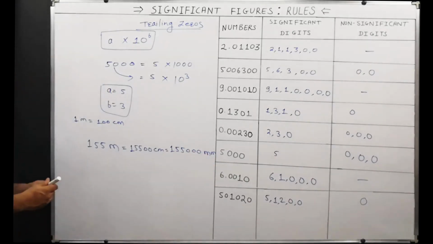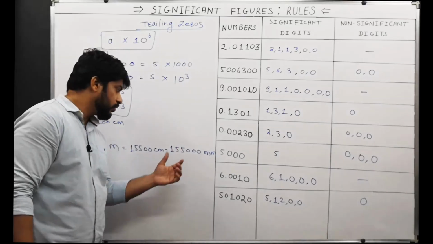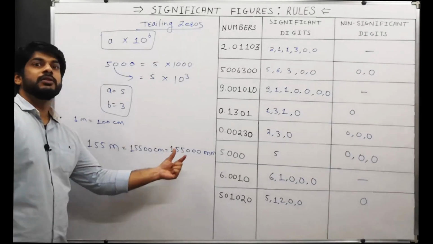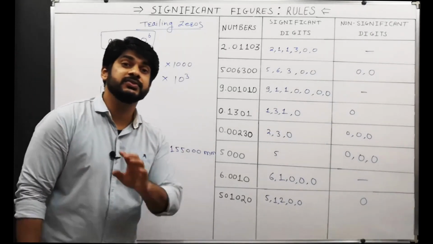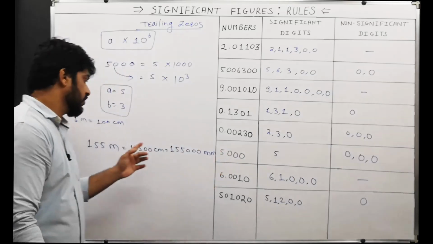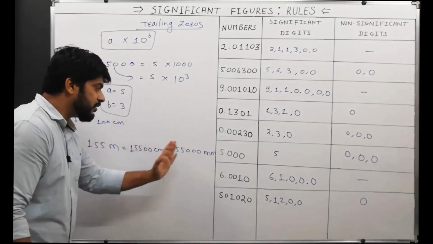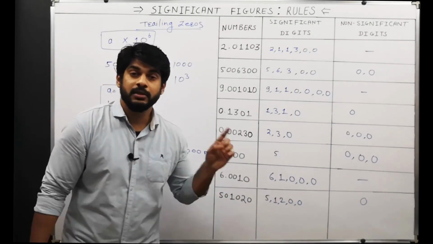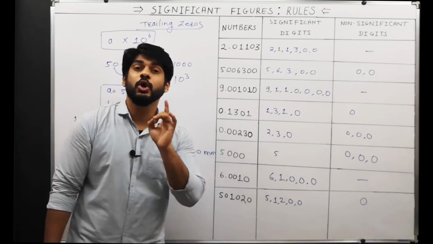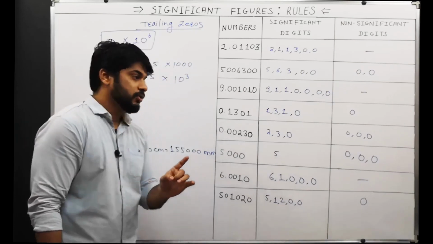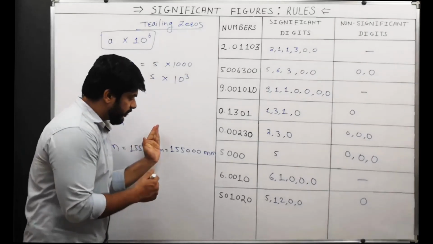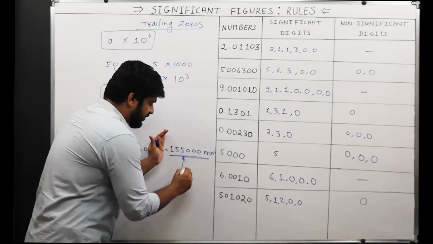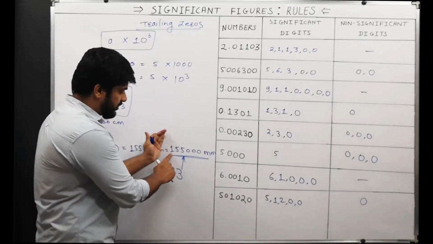Now when you write it like this, the number of significant figures does not change. Remember this. You choose any unit, it does not matter. The number of significant figures should not change. That is why, if I only consider this one, this has 3 significant digits. You can see 1, 2, 3.